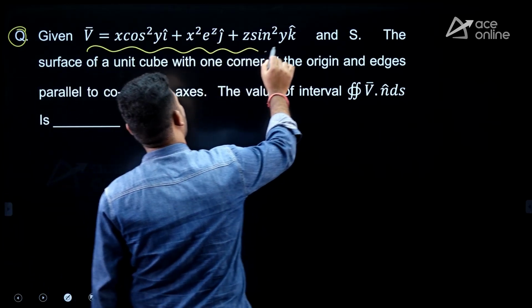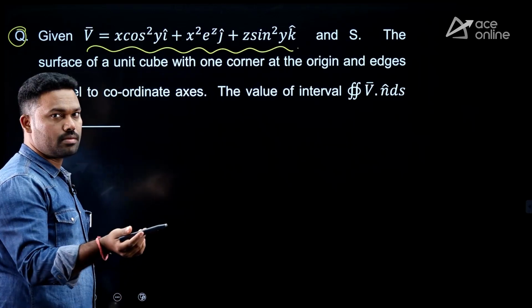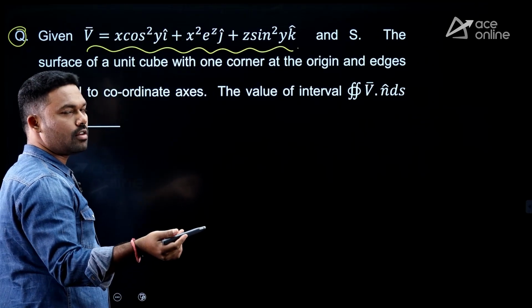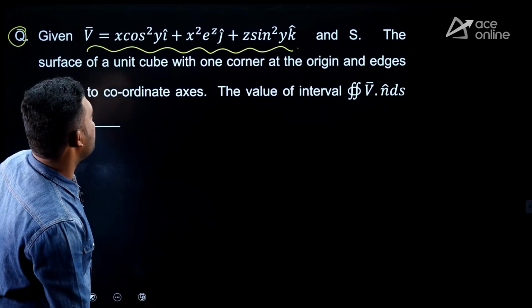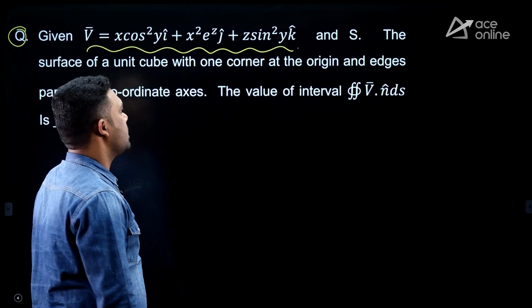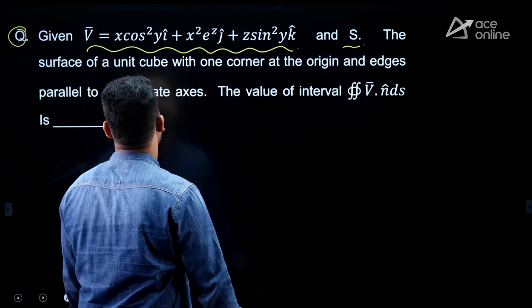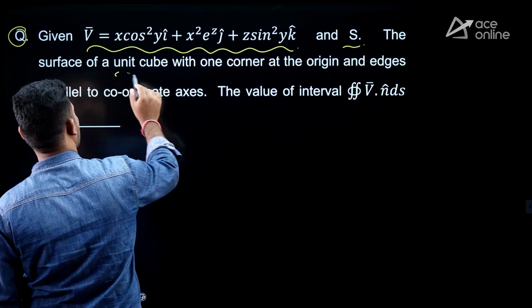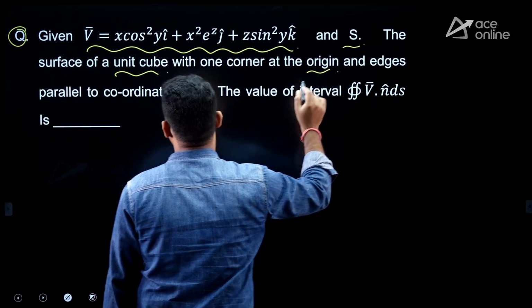Now let us have a question here. Given vector V is equal to x cos square y x cap, of course i cap, j cap or k cap, we can also talk in terms of x cap, y cap and z cap. V equals x cos square y i cap plus x square e to the power of z j cap plus z sin square y k cap, and S is the surface of the unit cube with one corner at the origin and edges parallel to the coordinate axes.